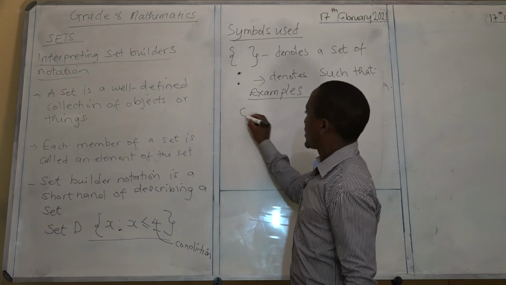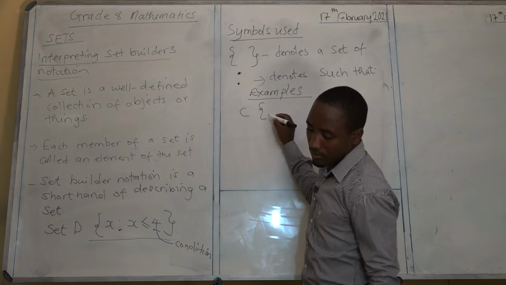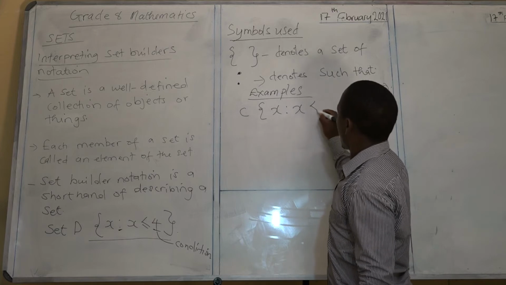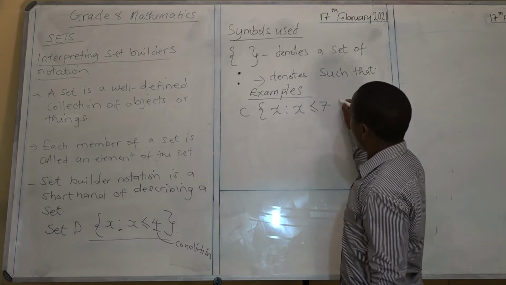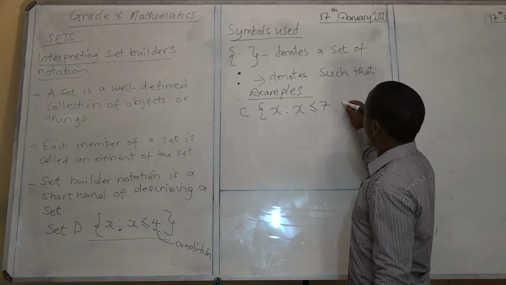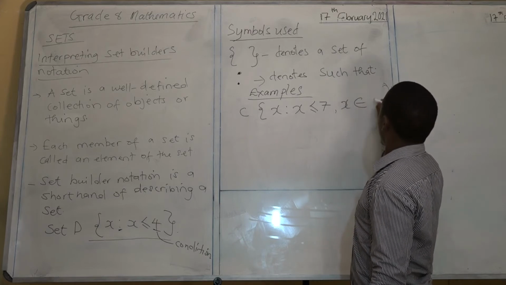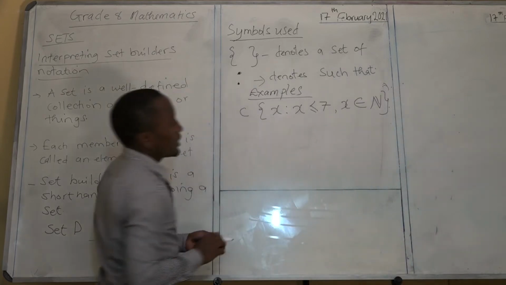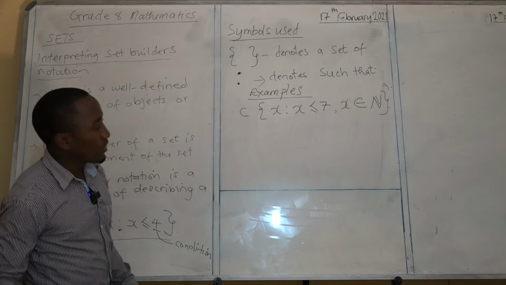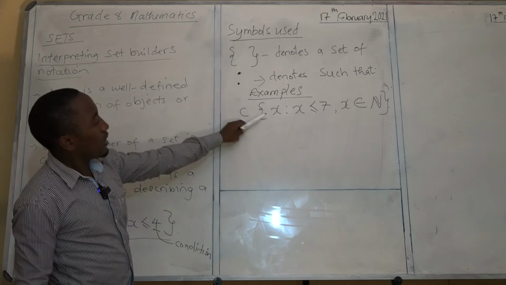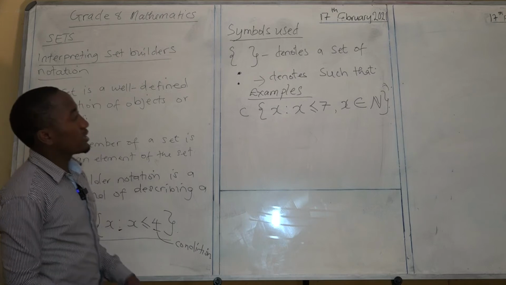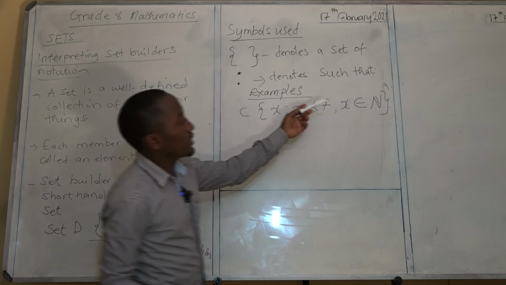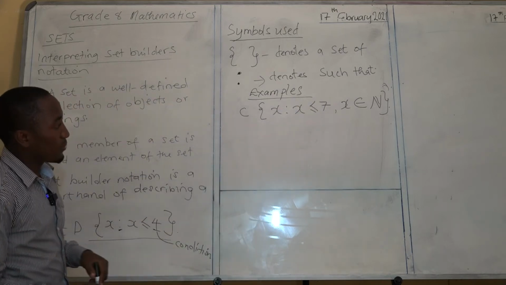We have set C. Set C is saying x is such that x is less than or equal to 7, and x is a member of natural numbers.